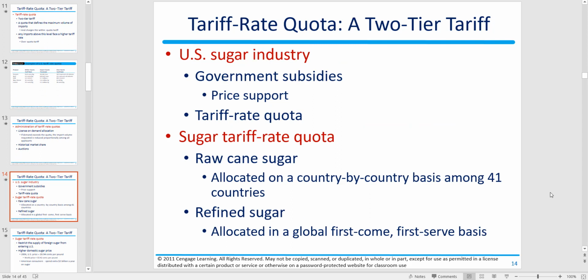For example, this is an instrument used in the sugar industry, where the quotas are set on a country-per-country basis, so it's a selective quota when we're talking about raw cane sugar. However, if we talk about refined sugar, it's a global quota. Basically, first come, first served. Don't care about the nation where the sugar is coming from. It's just about the quantity of foreign sugar that enters the nation.